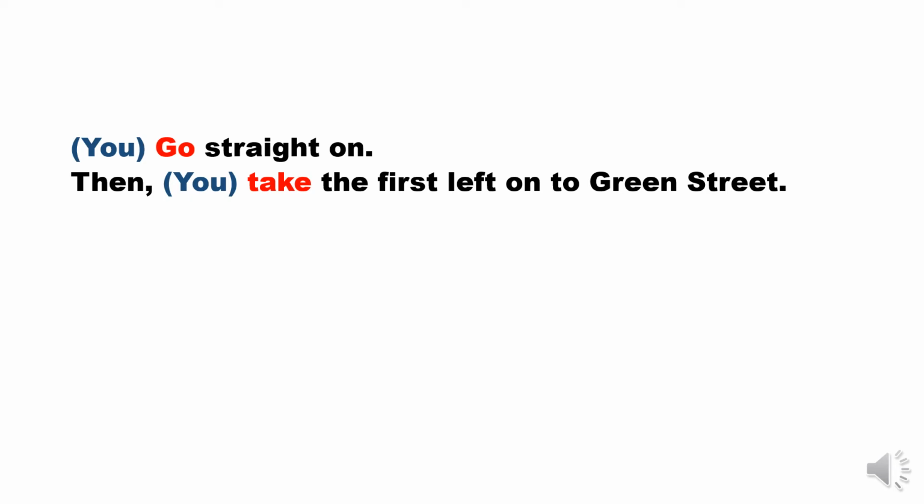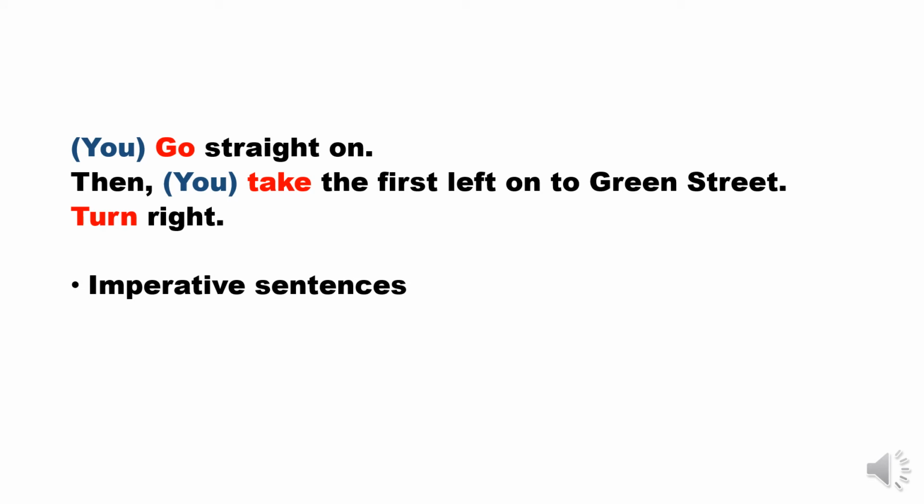Moreover, we give directions to someone who we are talking to or writing to. So it is understood that who is our subject? It's obviously you. So we don't need to write it or say it. So that's why we don't say it.